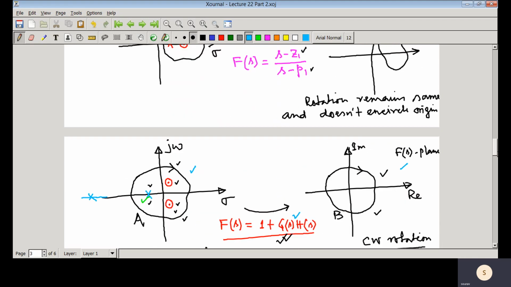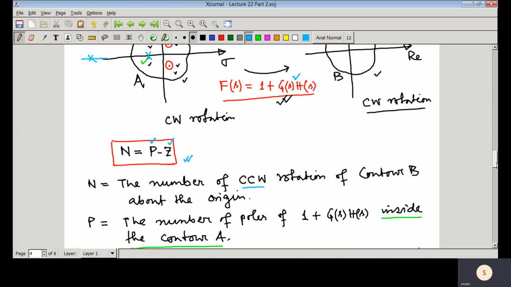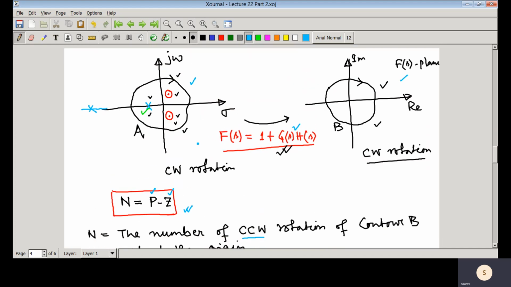So this particular relationship holds for this particular example, where you see the number of poles is 2, and the number of poles inside that contour is 1, and how many zeros are there, that is 2. So that is 1 minus 2, so effectively it would be minus 1, and so N is minus 1, and N we have taken as the counterclockwise direction.